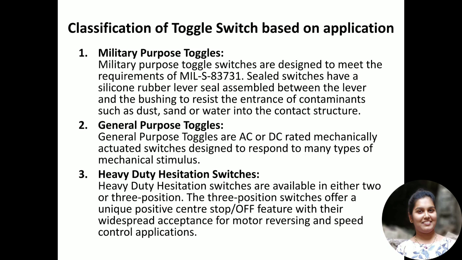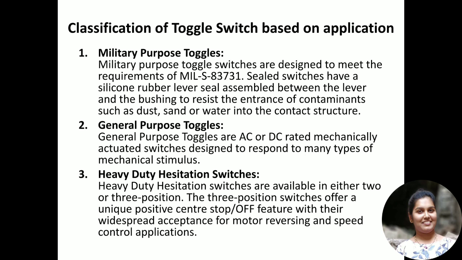So in order to make the motor move in the reverse direction, or to control the speed of the device or anything like that, we can use the third position. The third position for this switch will offer a unique positive center on off or stop off feature with their widespread acceptance for motor reversing and speed control appliances.